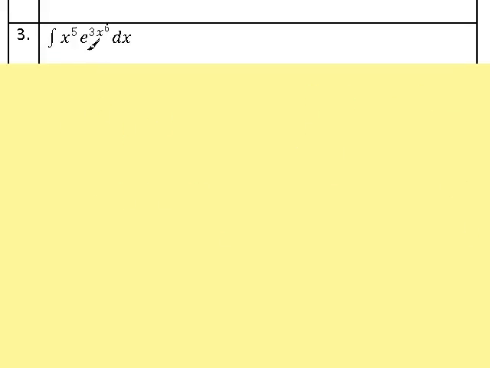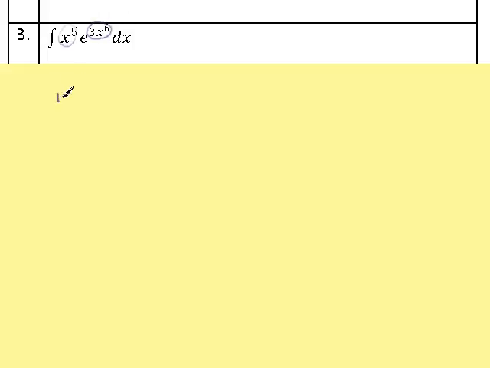In number 3, we have a u substitution situation. Here in the exponent, this is the inner function. And the derivative of this inner function is 18x to the 5th. And here we have an x to the 5th. So this is a derivative of the inside sitting on the outside situation.